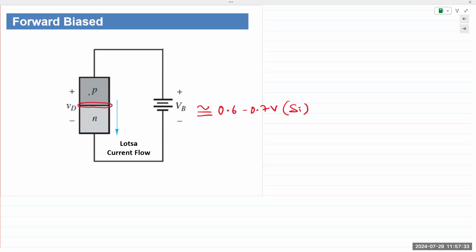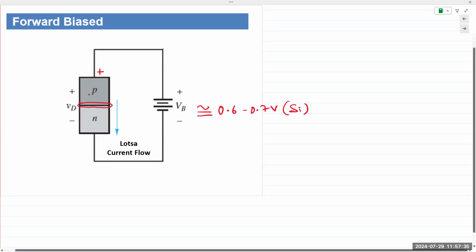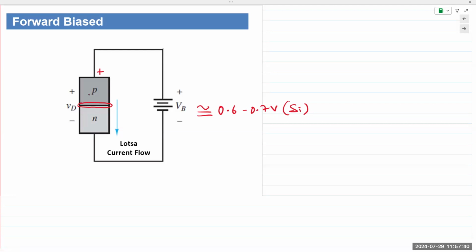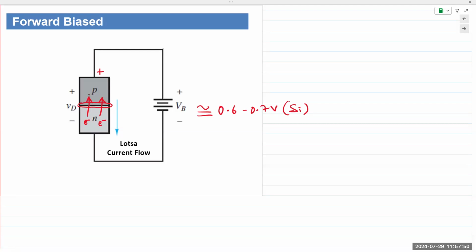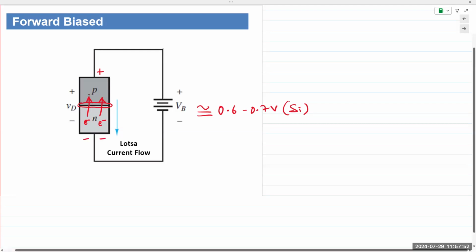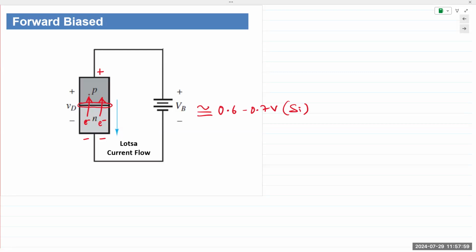So what happens? You have positive applied here to the p-type material, so electrons would be attracted from the n-type material and cross over. Make sense? The electrons are attracted. And at the other end, you have negative, so it repels the electrons but attracts the holes. So it pushes the electrons one way and attracts the holes the other way. And you have movement of charge carriers going across the junction, and thus current starts flowing.